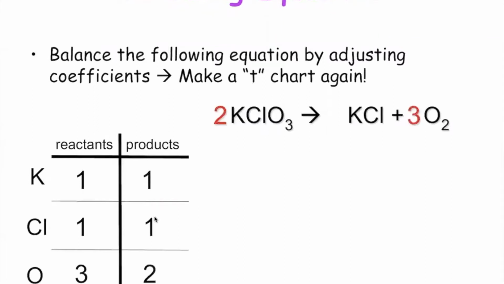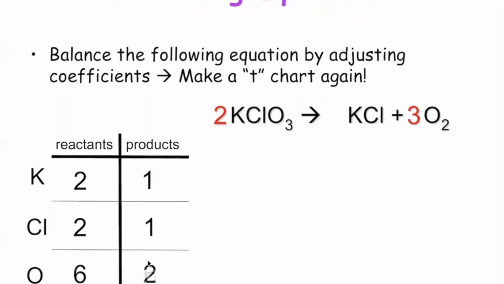When you balance them, you're gonna realize that you have to put a 2 in front of potassium chloride and a 3 in front of oxygen for your equation to be balanced. And always redo the T-chart to make sure everything aligns between your products and your reactants.